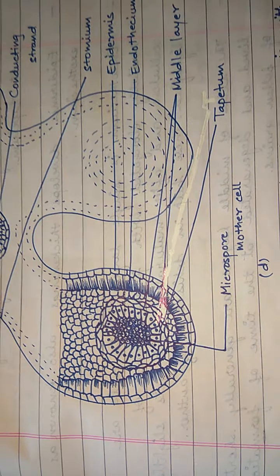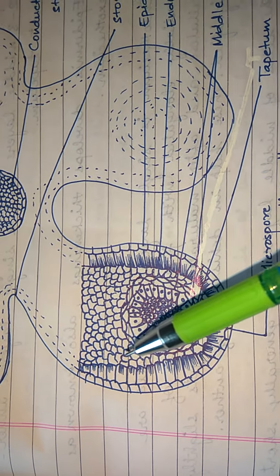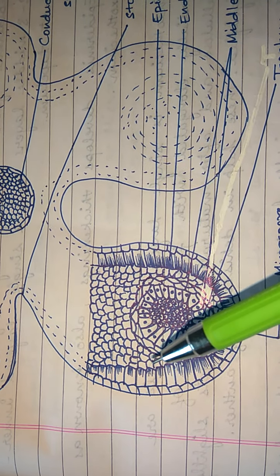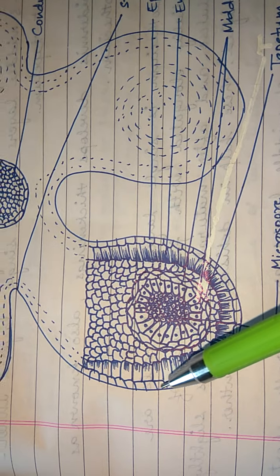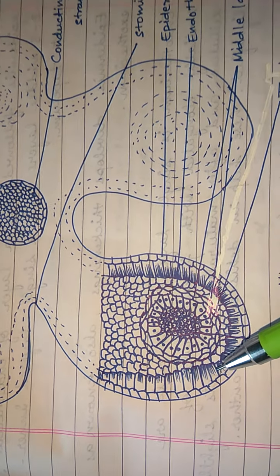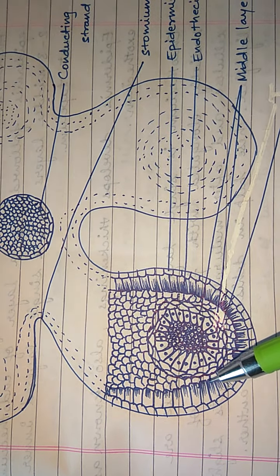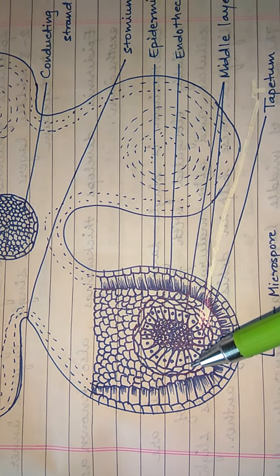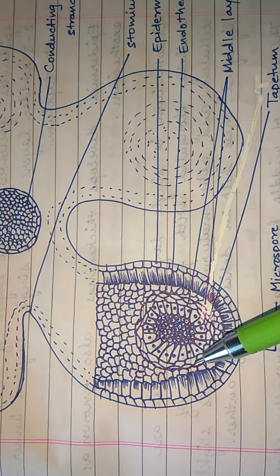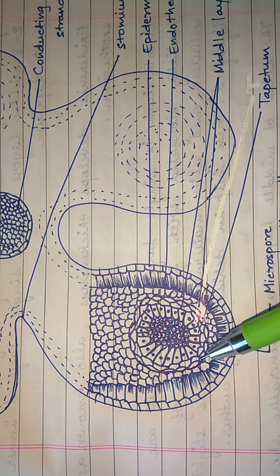Now it will form the anther wall. This anther wall will be divided into many layers, in which the first single layer is the epidermis, followed by the endothecium, and 2 to 3 layers of middle layers, then a single inner layer called the tapetum.